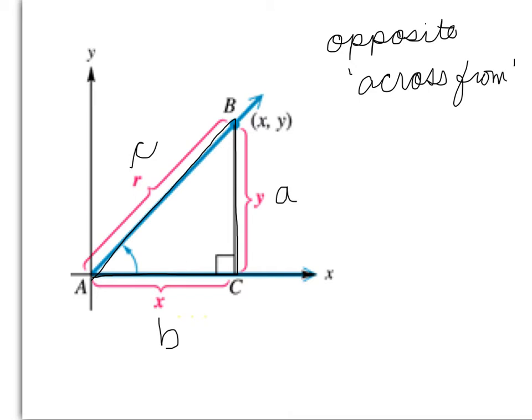Opposite means across from. So, side A is opposite angle A. Side B is opposite angle B. Side C is opposite angle C. We can also reference these as adjacent. And adjacent means next to.